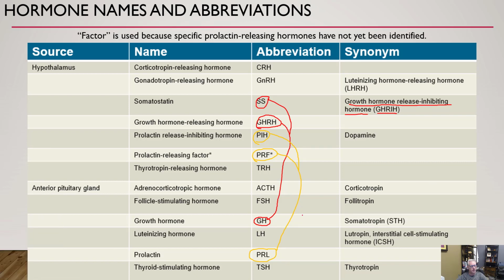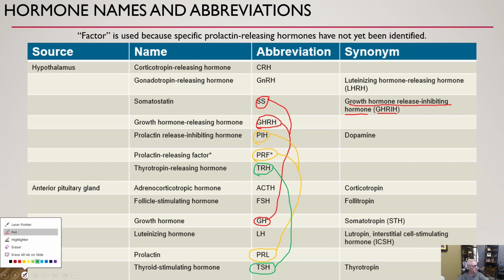All right, thyroid stimulating hormone. Thyroid stimulating hormone is really stimulated only by TRH. We don't have an inhibiting aspect of TSH. If TRH is not there, it's not going to be released.